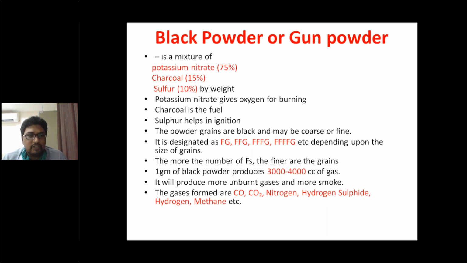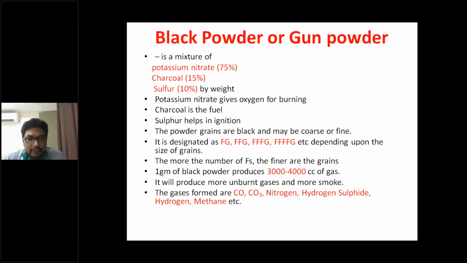What are the functions of each of these components? Potassium nitrate gives oxygen for burning, charcoal is the fuel, and sulfur helps in ignition.